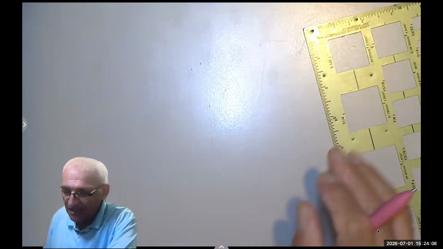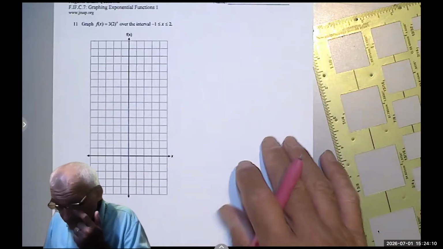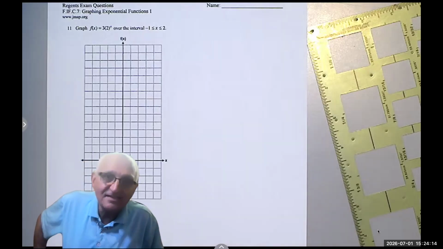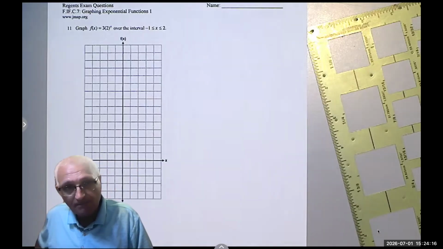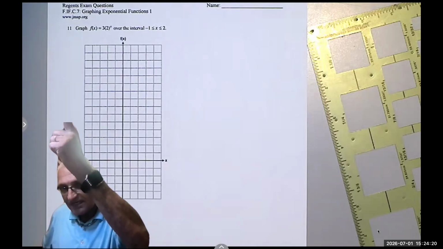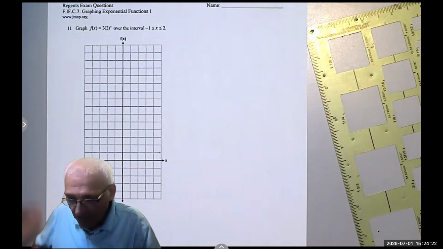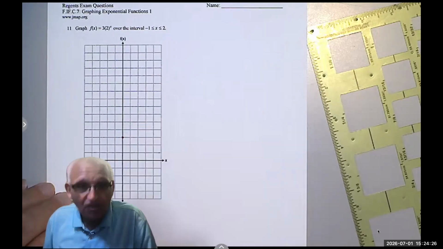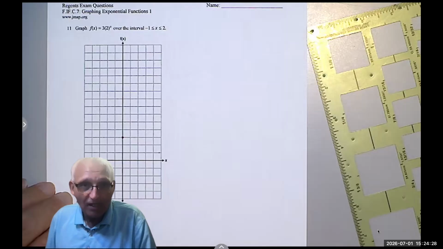And finally, the last problem says, graph f of x equals 3 times 2 to the x. Remember, this is like a times b to the x. A is 3, meaning when x equals 0, I cross at y equals 3, not at y equals 1. Right?